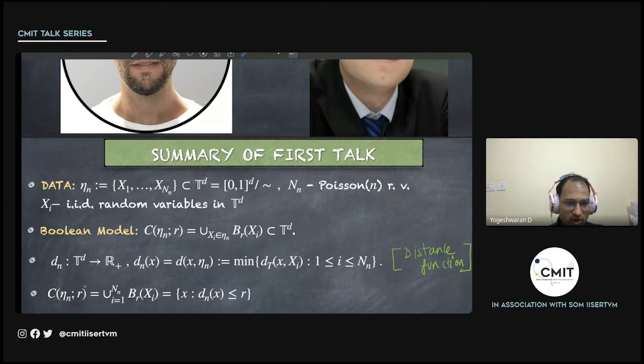Boolean model at parameter r is nothing but the sub-level set of the distance function. This is a very easy, straightforward relation between the balls. Each ball is nothing but this, exactly this relation.